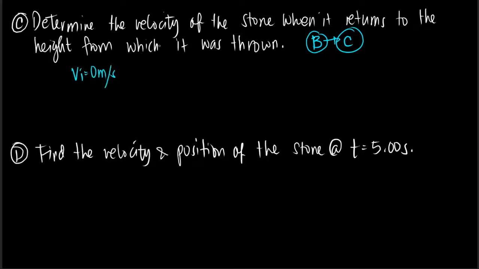Dason, ang C naton, sa may C nga part, ang V final naton, siya na ang ginapangayo. No? Another thing, ang nabalaan ta, ang Y initial is 20.39 meters. Ang Y final naton, kabaluman kita, di ba matupong siya sa sugod-sugod? So, that's 0 meters. Okay.